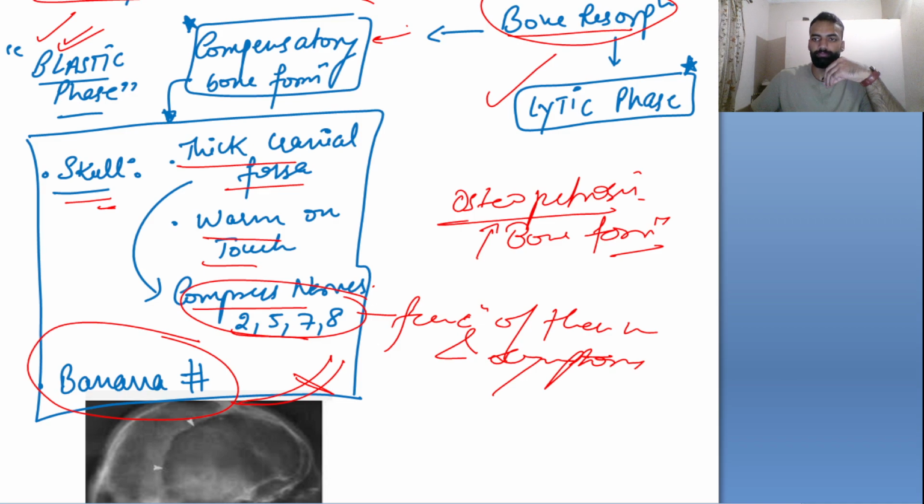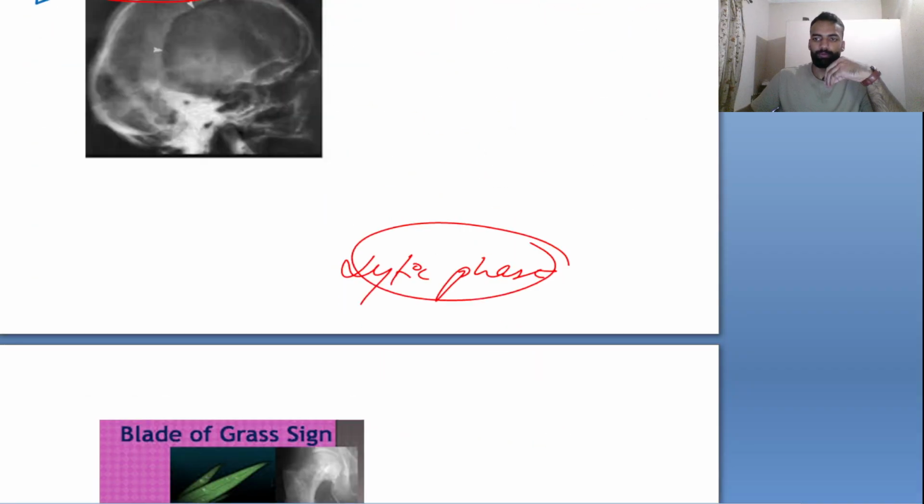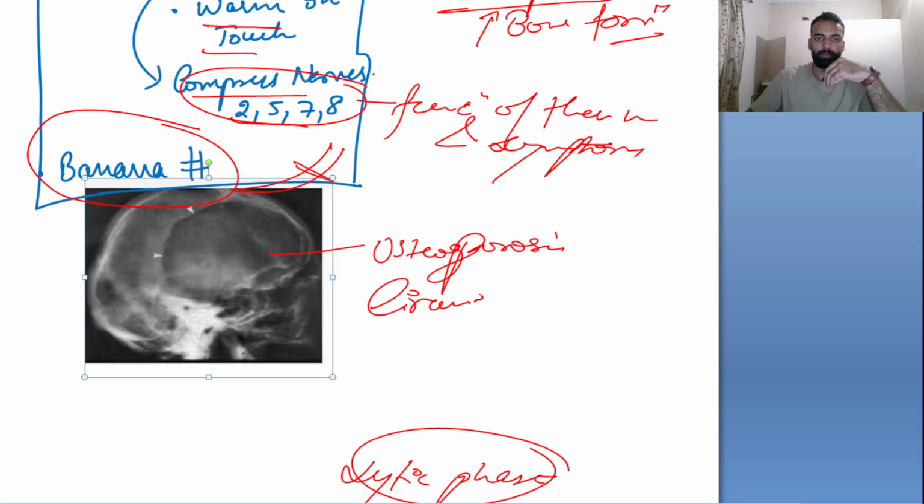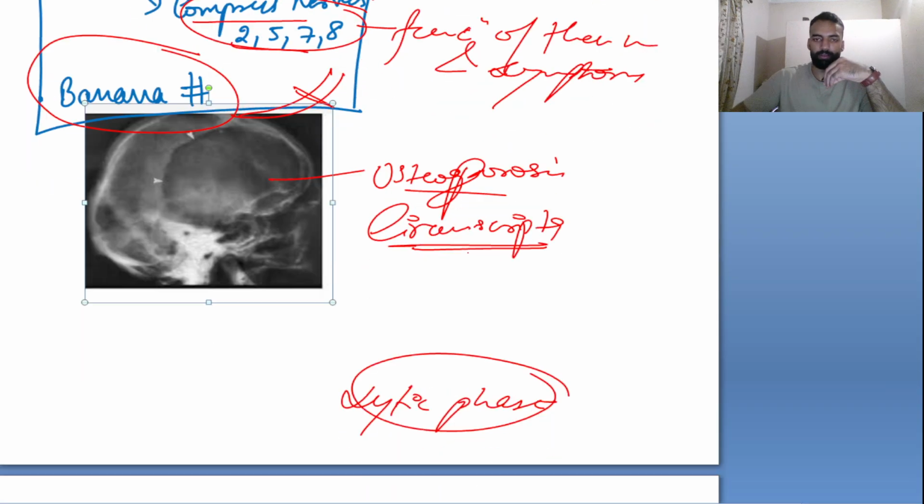Now here you can see this is much more lucent. It is called osteoporosis circumscripta. Okay, it is seen in the lytic phase.